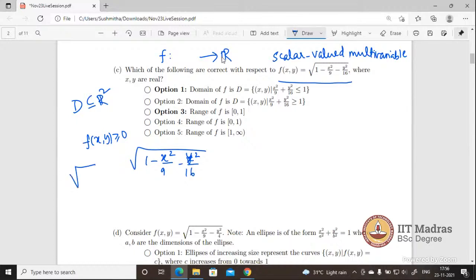Do I know what the square root of minus 1 is? No, because that is imaginary, which is not in our course. We are dealing only with real numbers. So I cannot have the term within the square root be negative. That is my domain, the set of all points where it is not negative, because if it is negative, then I don't know what it is. So I want this. And what does this give me?